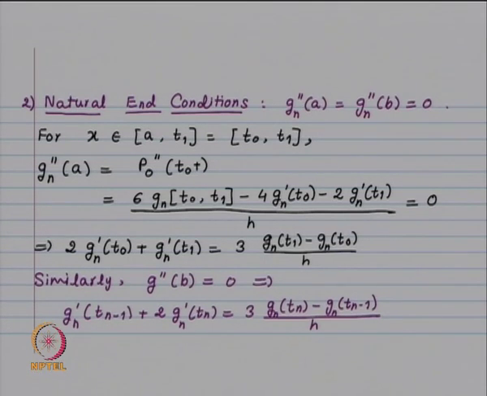So, we get 2 additional equations. We already had n minus 1 equations, to that add these 2 equations. So, in total there will be n plus 1 equations in n plus 1 unknowns with the coefficient matrix to be diagonally dominant and hence invertible.